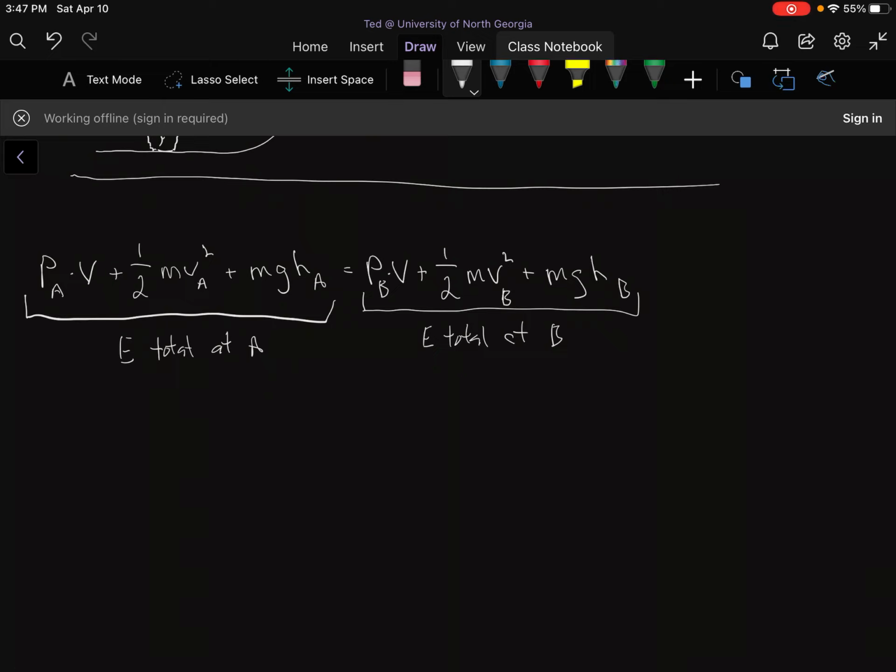Okay, but this is not the way the formula is usually written down. The way the formula is usually written down is we divide this whole formula by the volume of the water.